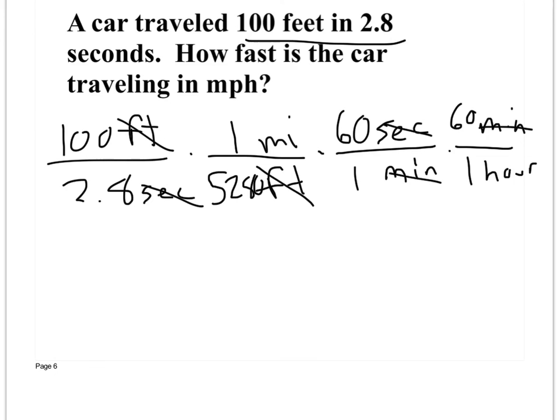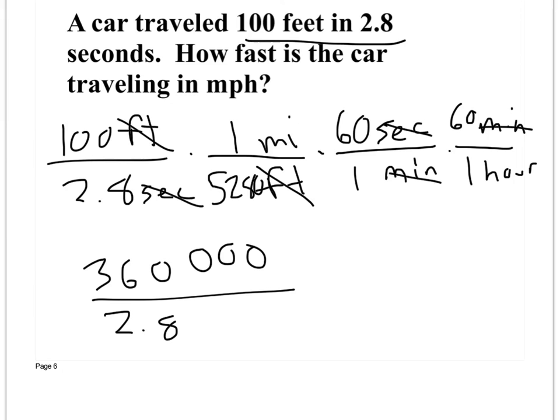I take 100 times 60 times 60, so 100 times 3,600 is 360,000 over. What we do is we divide that by 2.8, and then divide that by 5,280.